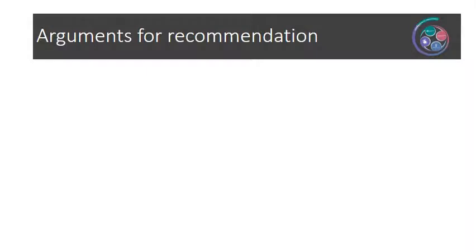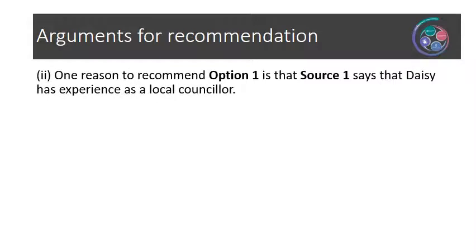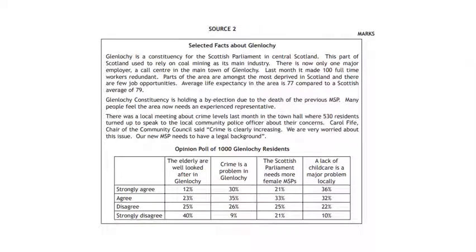And then we may structure our answer as follows. One reason to recommend option 1 is that source 1 says that Daisy has experience as a local counsellor. We then need to delve into another source to find any information, a little bit like what we did in conclusions questions, which backs up, or in other words, synthesises our first piece of information.